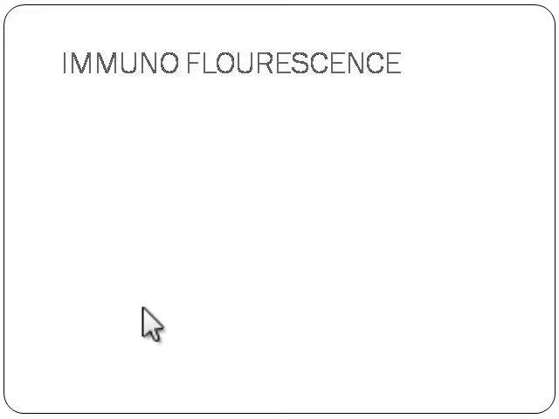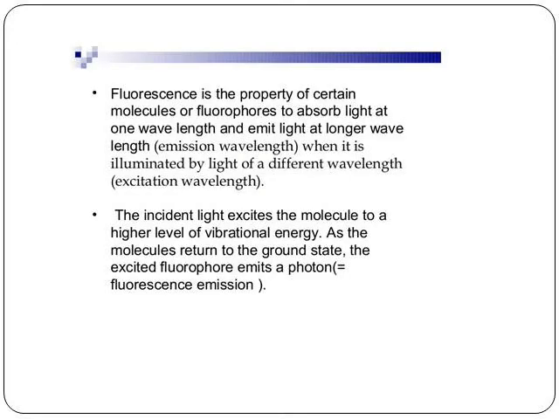What is immunofluorescence? What is called fluorescence? Fluorescence means it absorbs light of one particular wavelength and emits light at a longer wavelength, and that property is called fluorescence.